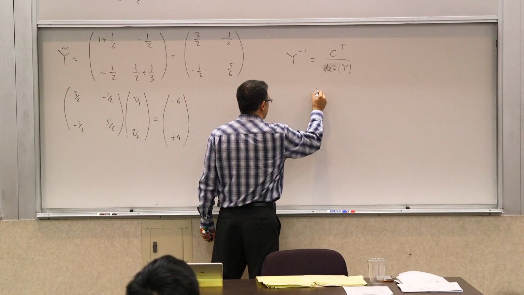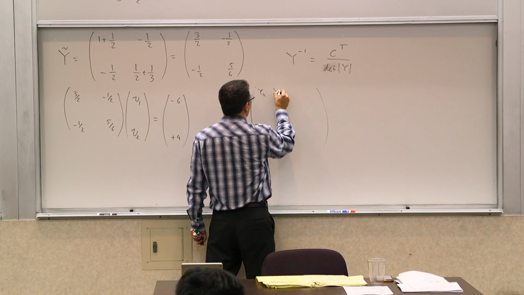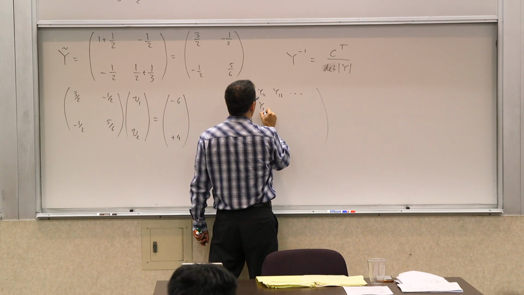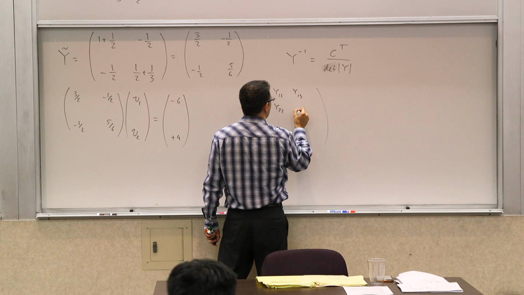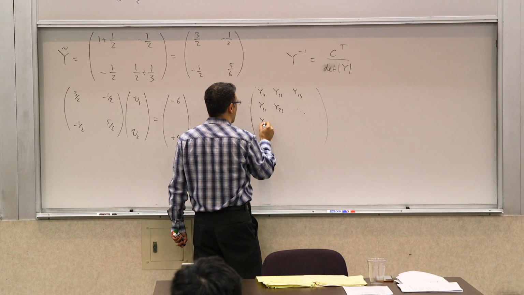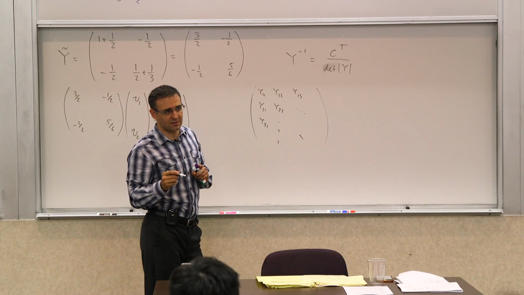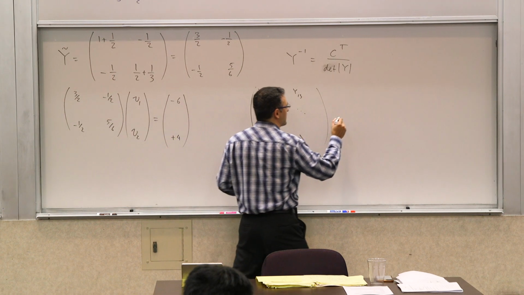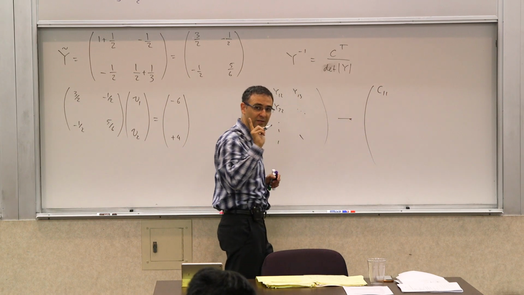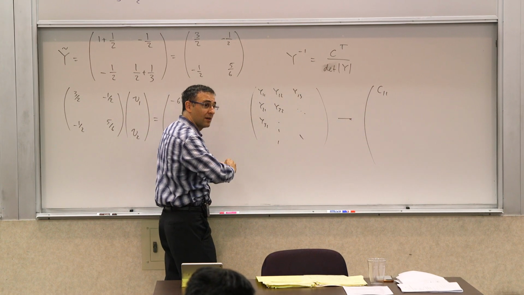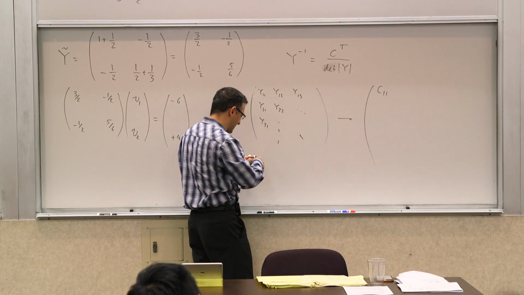So let's say you have a matrix, with y11, y12, etc., y21, y22, this could be y13, etc., y31. The cofactors matrix is a matrix whose individual elements, so the C11, listen to this carefully, is the element that you get when you eliminate this row and this column from the Y matrix.